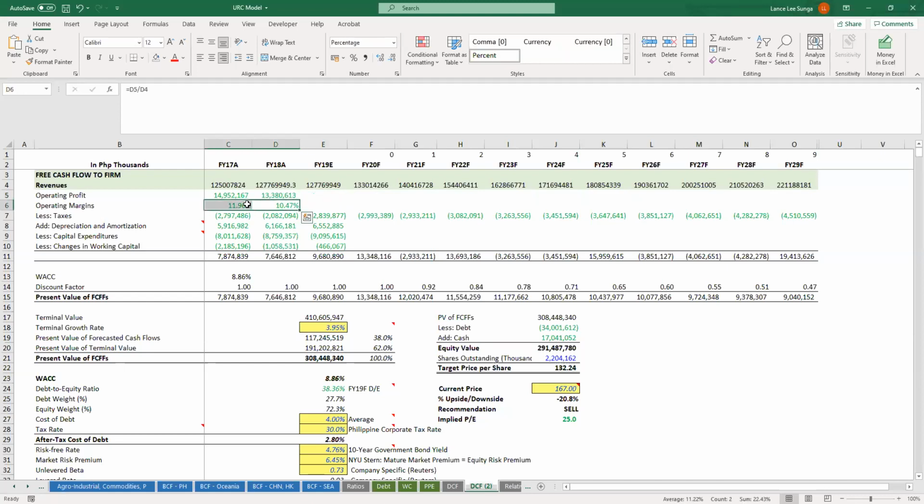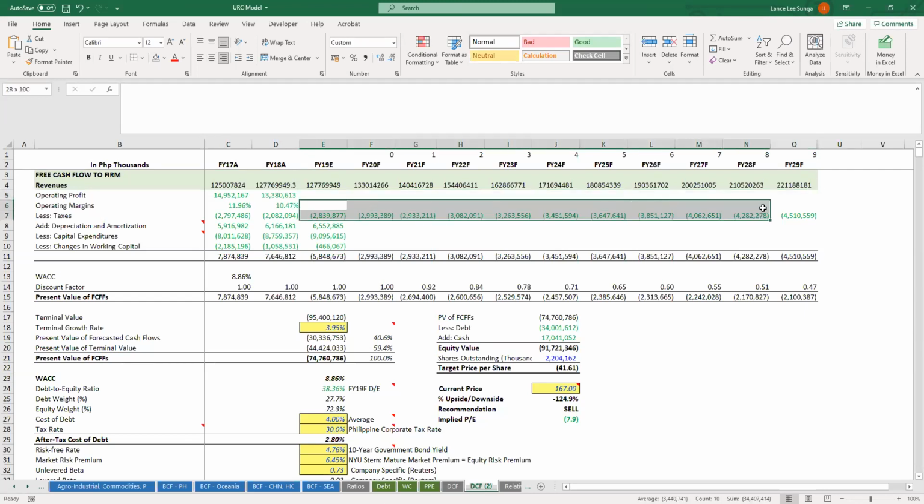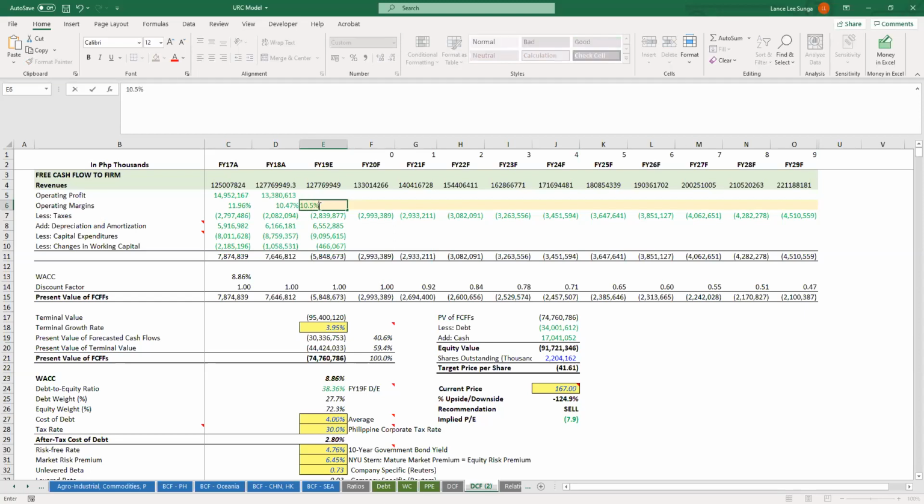So these are the actual margins for actual years. And then we'll project the margins for the forecast period. So let's highlight this now. Let's put, I guess, 10%, 10.5%. Drag it. Multiply.